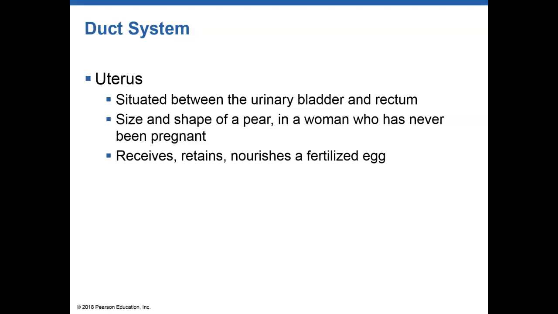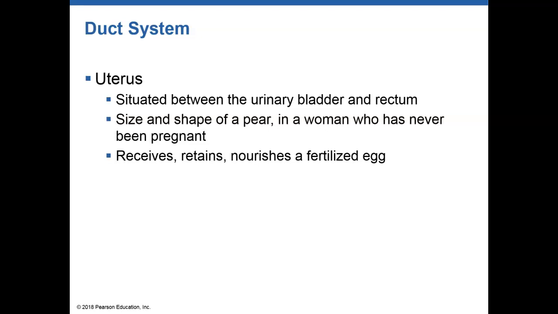So the uterus then is a pear-shaped structure that takes in the fertilized egg, which at that point would be a blastocyst, and allows the blastocyst to embed in the uterine lining.